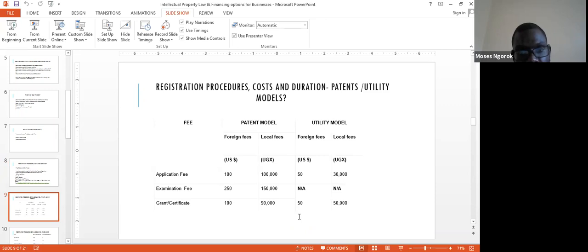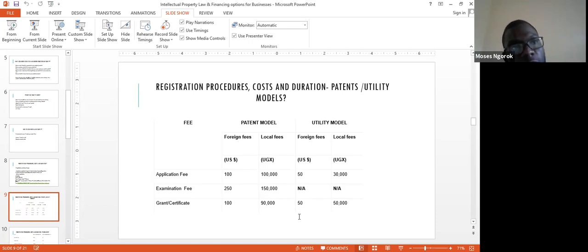If you're a foreigner, you pay $100 as an application fee. The examination fee is $250. The certificate is $100. That's for foreigners. For locals, the application fee for patent registration is 100,000. The examination fee is $150. The certificate is 90,000.